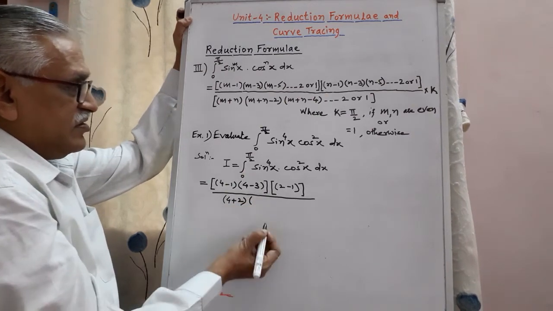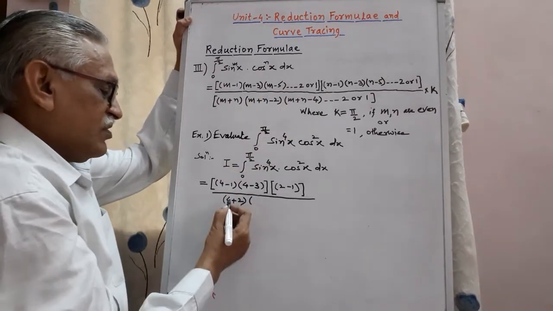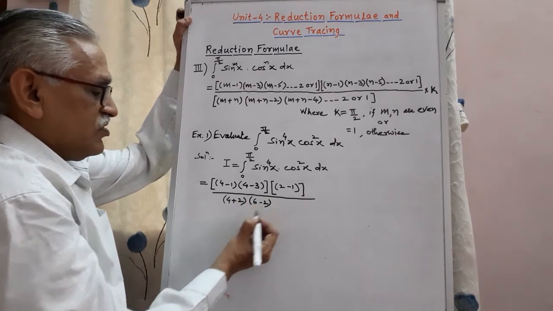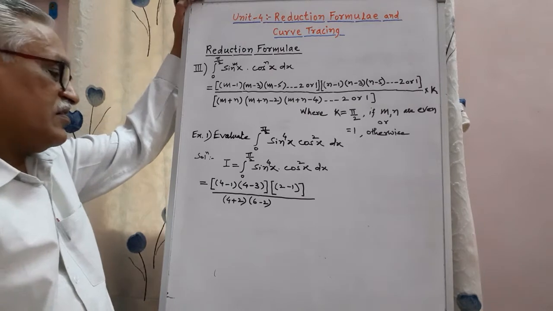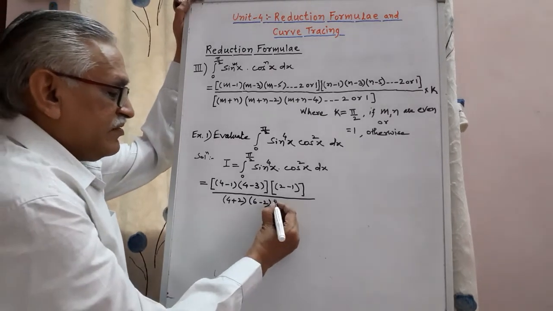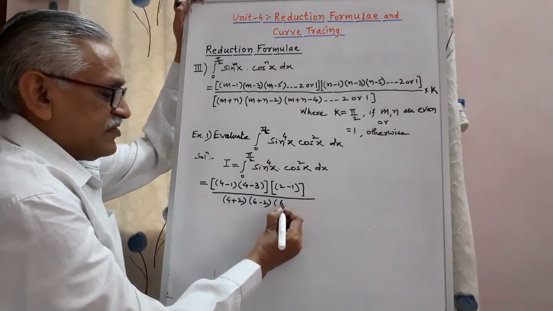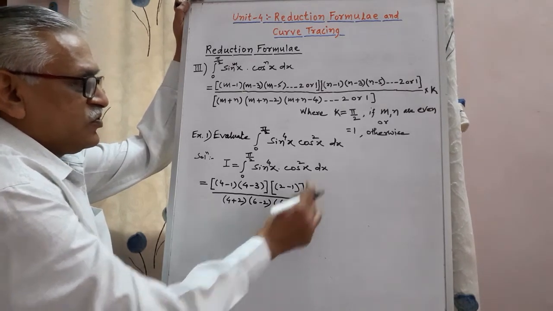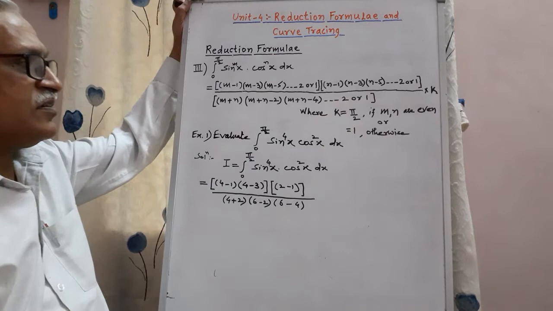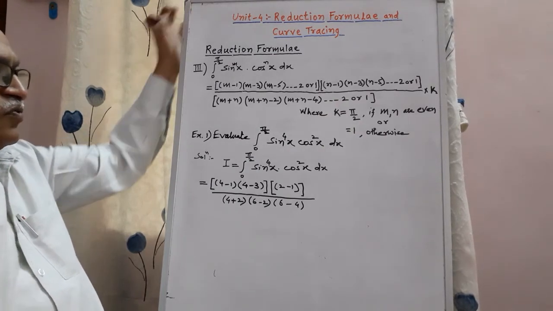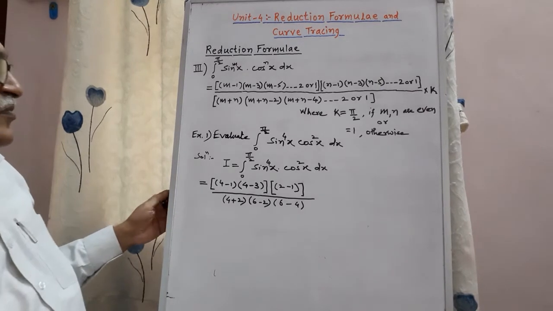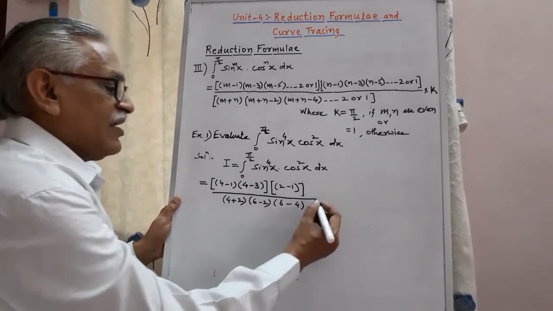Next is m plus n minus 2. 4 plus 2 is 6, 6 minus 2 we get 4. Then m plus n, that is 6, minus 4. 6 minus 4 we get 2. Therefore last term is 2.